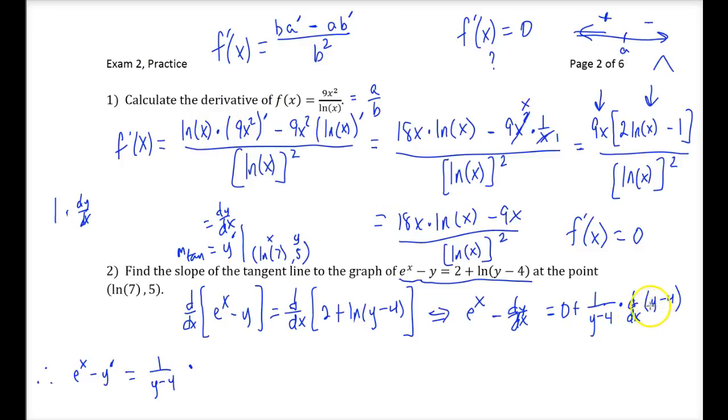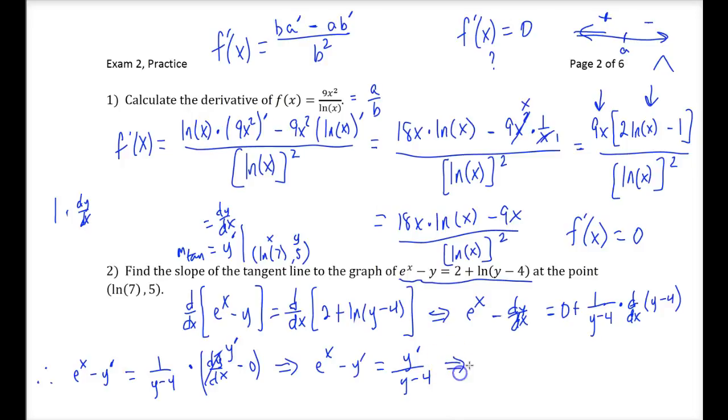So in the first term, if we just do the derivative of y with respect to x, of course, it's just going to be dy over dx, and minus the derivative of any constant is 0. And so this we can just simplify to y prime. So now this tells us that e to the x minus y prime is basically equal to y prime divided by y minus 4.